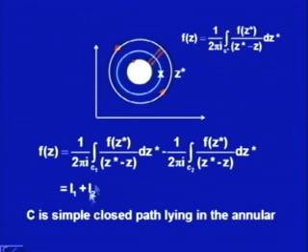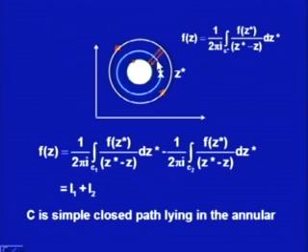Now, we consider C is a simple closed path lying along this annulus and z is a point on it. Now, we will not consider these 2 integrals along this curve or this curve, rather we will consider these integrals along this curve. The idea is you can contract, you can shrink this outer circle to this, since there is no point where the function is not analytic.